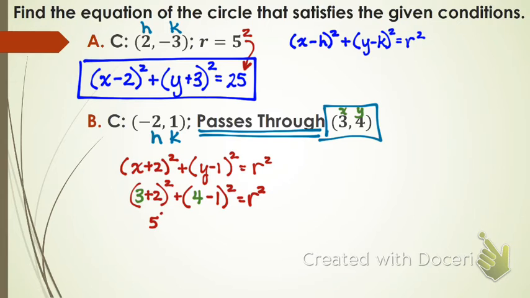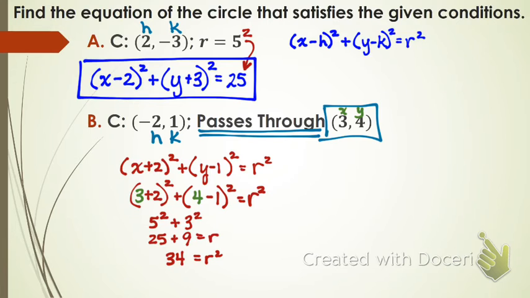Feels a lot like Pythagorean theorem. I've got 5 squared plus what? 3 squared. So that's 25 plus 9, which gives me what? It's going to be 30 something, right? 34. There's my r squared.